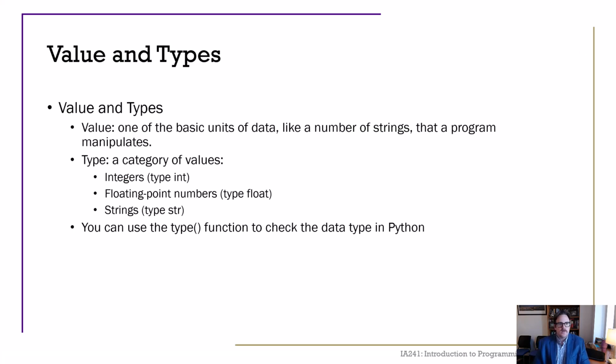Okay, so next we want to talk about two different categories of data, right? We have values and we have types. This relates to what we talked about last semester, right? A value is one of the basic units of data. It is like a number or a string that we can manipulate.